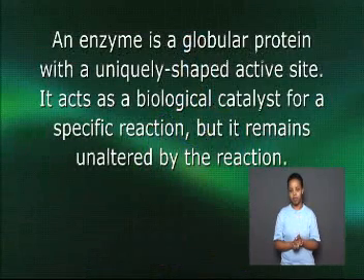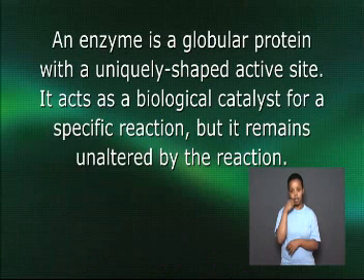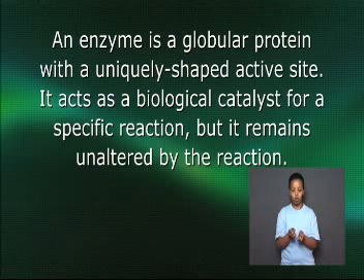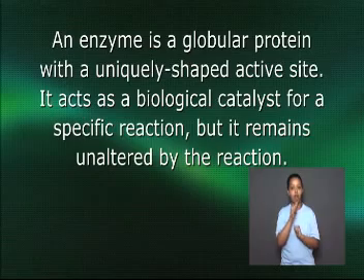You have already learned that an enzyme is a globular protein with a uniquely shaped active site. It acts as a biological catalyst for a specific reaction, but it remains unaltered by the reaction.